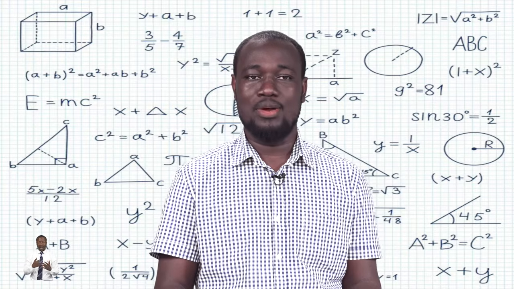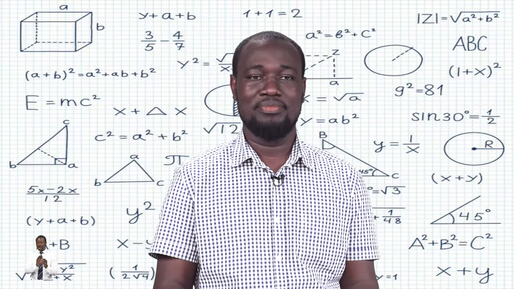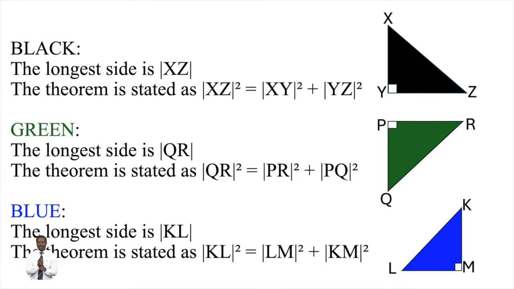I believe by now your answers are ready. For the black triangle, the longest side is XZ. The theorem is stated as XZ squared is equal to XY squared plus YZ squared.